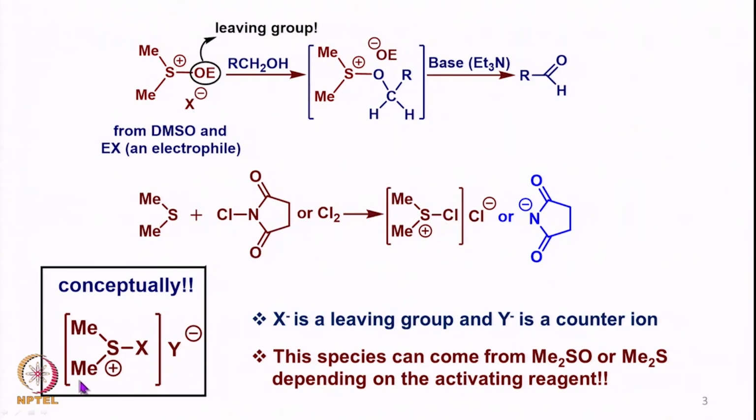So conceptually they are like this, that you have an electrophilic sulfur species having a leaving group like X here, and of course having a counter ion. Now this species can come from DMSO or DMS, that is dimethyl sulfide, depending on what the activating agent is.